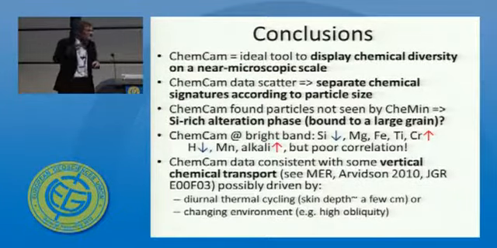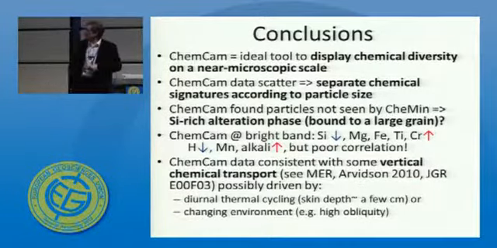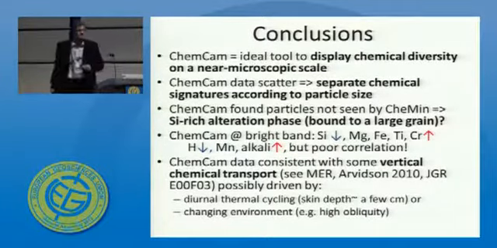Think about high obliquity, a snow cover in the equatorial regions that could drive a vertical aqueous transport, or it could be driven by diurnal thermal cycling. Note that the chemical variations we have looked at refer to the uppermost 4 centimeters. This coincides with the thermal skin depth. So we wonder if there could be a connection. Thank you.